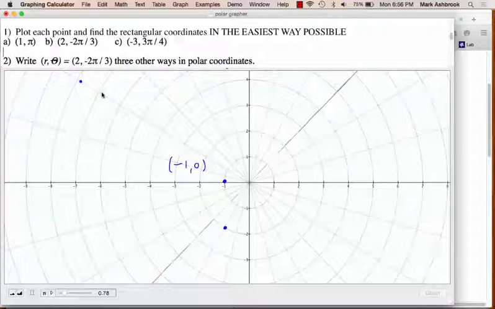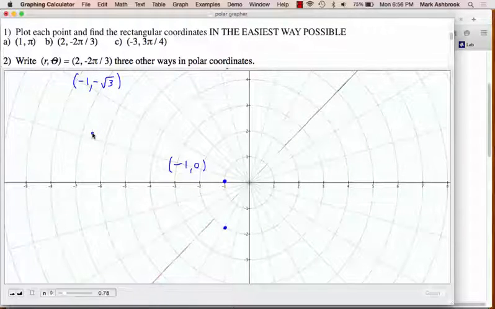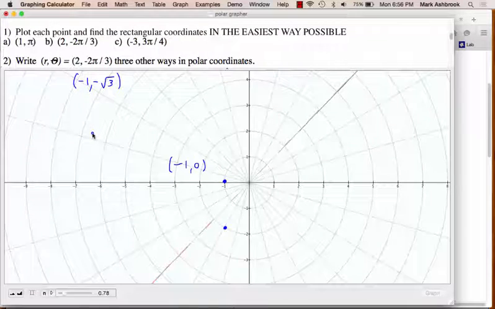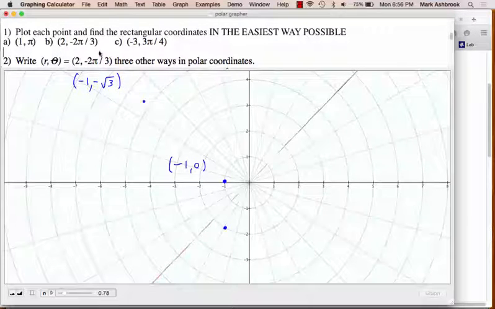So as xy coordinates, it is negative 1, negative radical 3, if you remember your unit circle. So that's for B, xy coordinates.